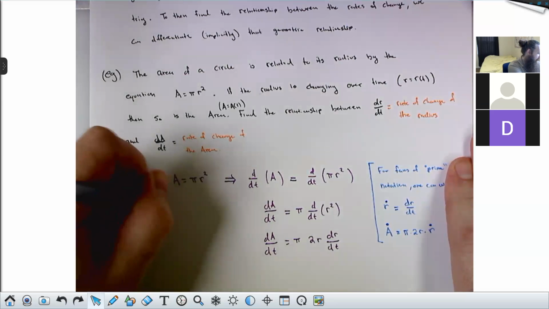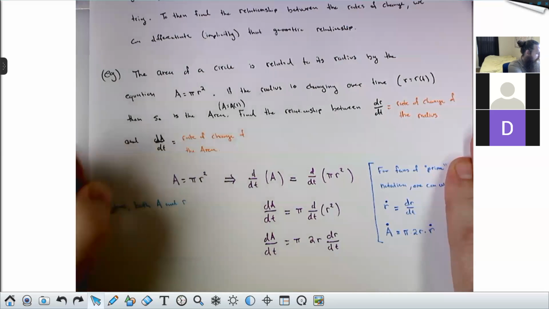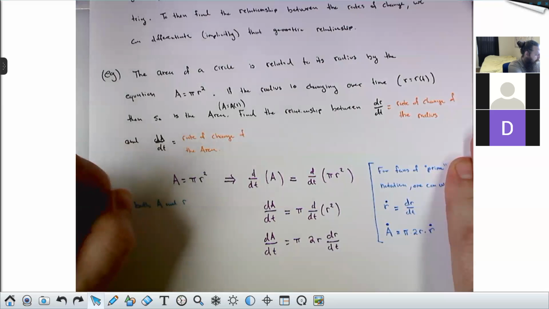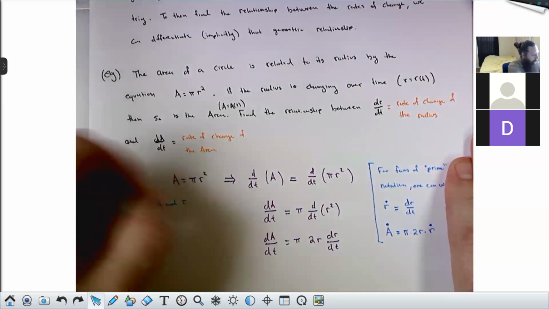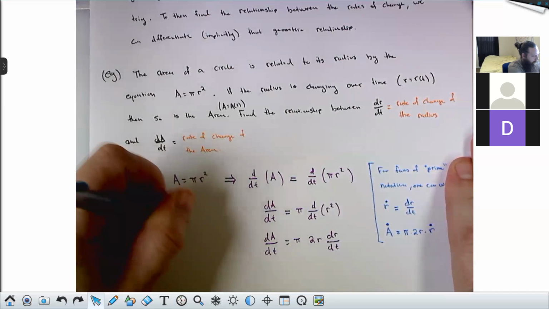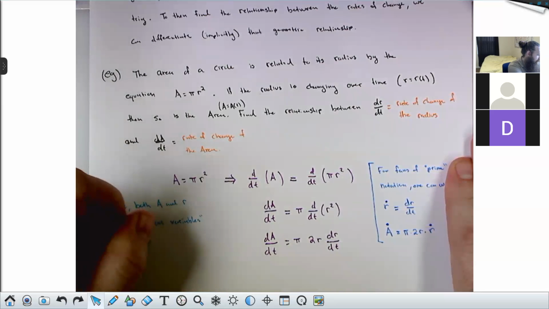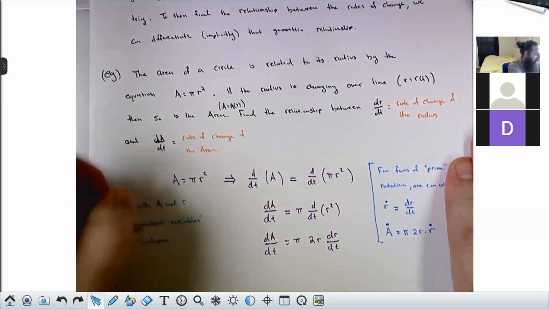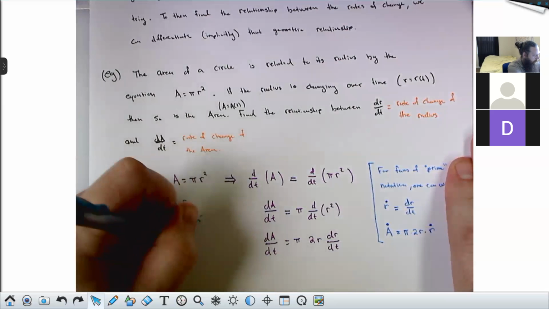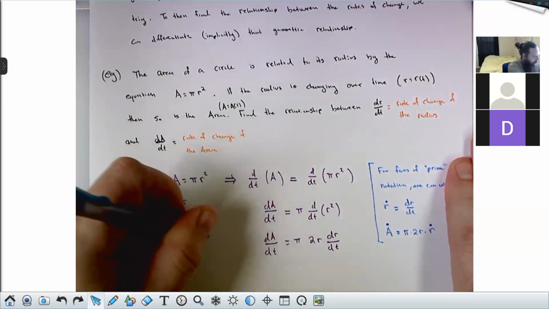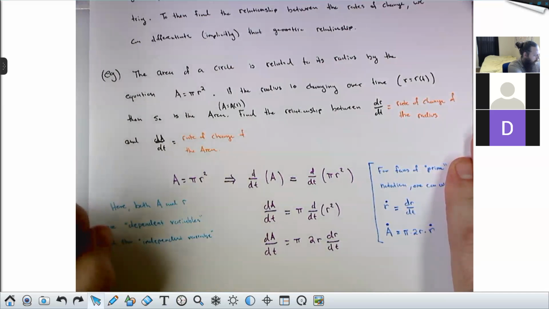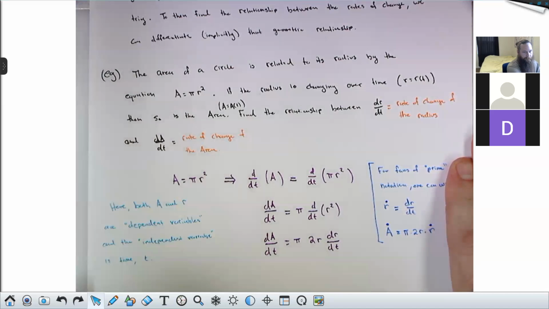So in other words here, both A and R are what are called dependent variables. And the independent variable is time, t.